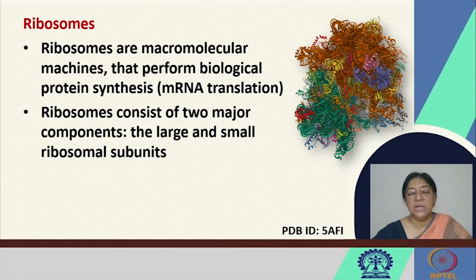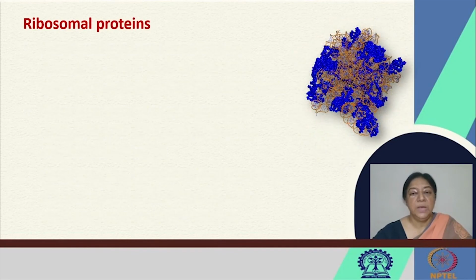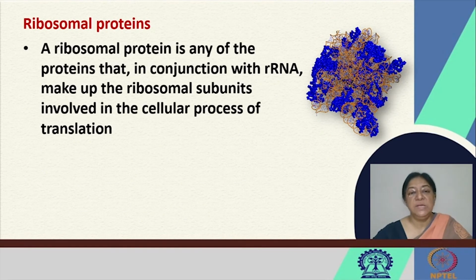There is a large and a small ribosomal subunit, and each subunit consists of one or more ribosomal RNA molecules and many ribosomal proteins, because it is the complete machinery that prepares the protein. The ribosomal proteins, therefore, are any one of the proteins that, in conjunction with ribosomal RNA, make up the ribosomal subunits that are involved in the cellular process of translation.